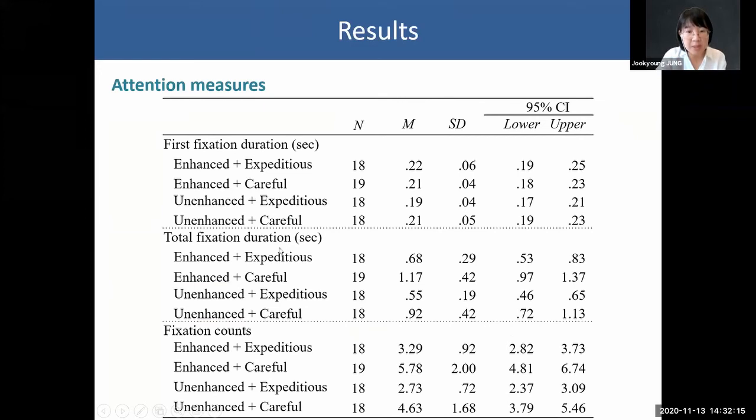fixation durations as measured in seconds, and then fixation counts, frequency. As we can see here, for the enhanced versions, we could see a significantly greater amount of total fixation duration as well as fixation counts captured for the target constructions.